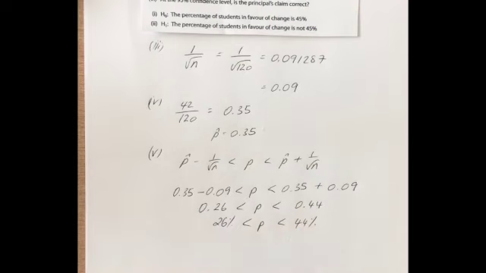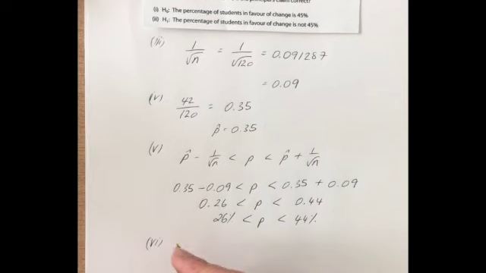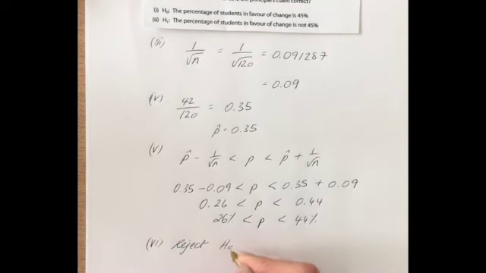Given the claim from the school principal was 45%, that does not lie within our confidence interval. Therefore, we would have to reject the null hypothesis.